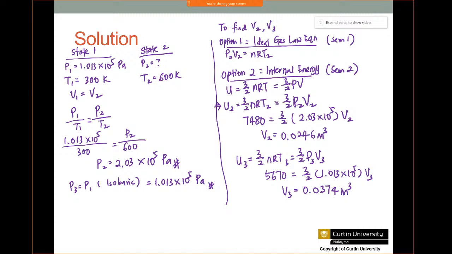So you can also double check with the semester 1 method to see whether or not you can get the same value. Anyone have tried?